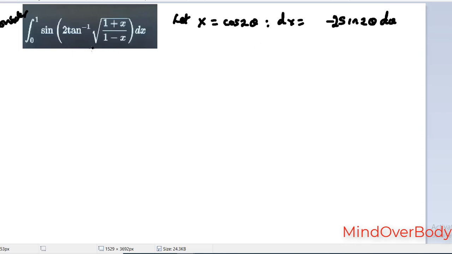So if I were to place them all, this is going to be equal to the integral. I'm not going to touch the limits as of now, so let me just rewrite this.